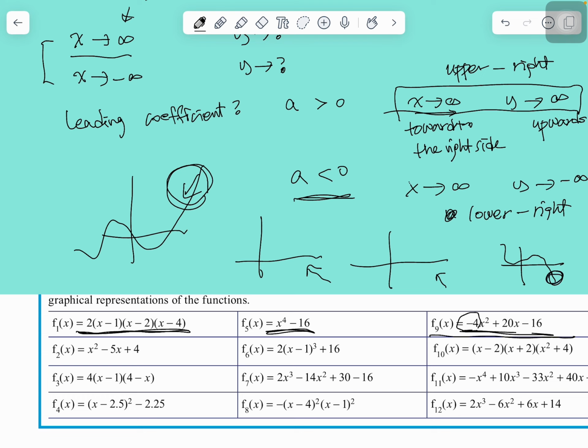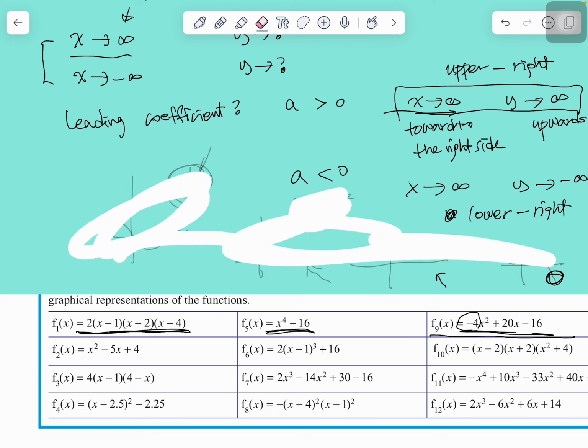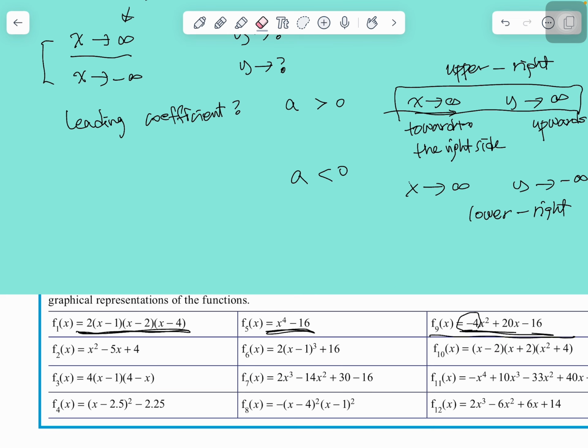Here, lower right side, maybe quadrant 4, and this one quadrant 1. So this is the end behavior of the right side.